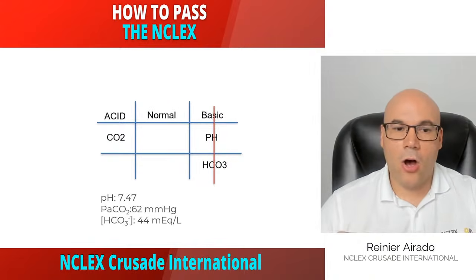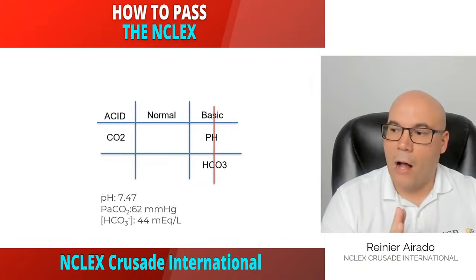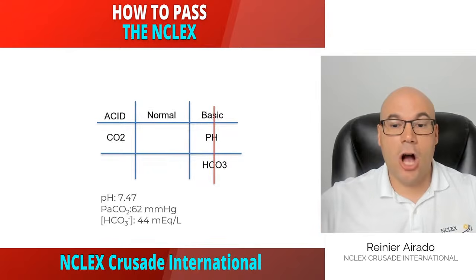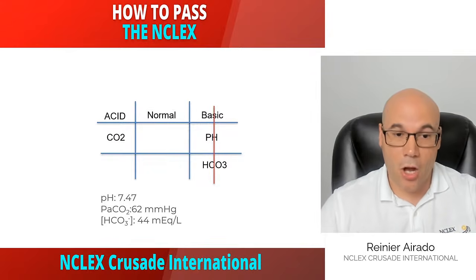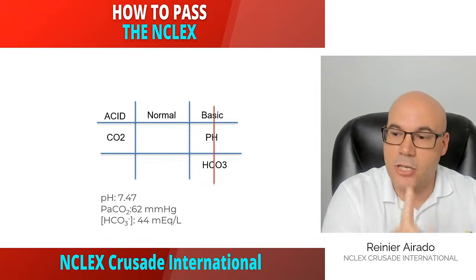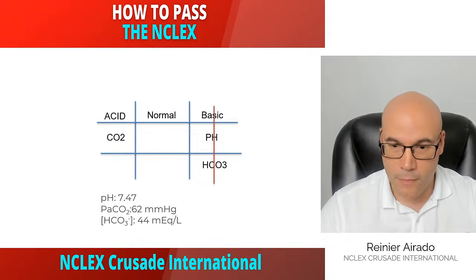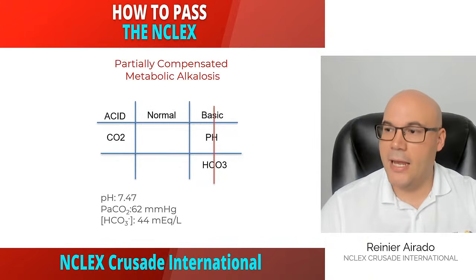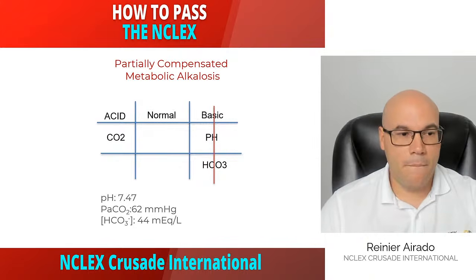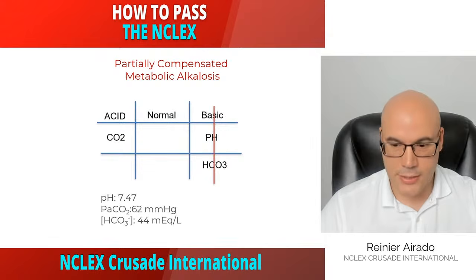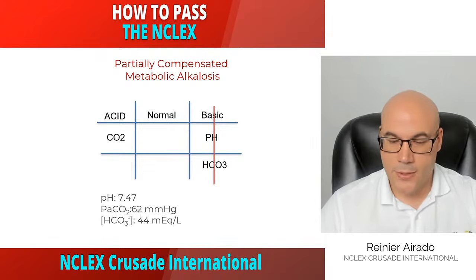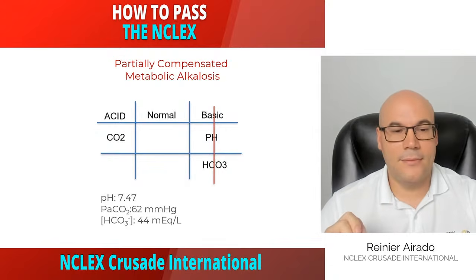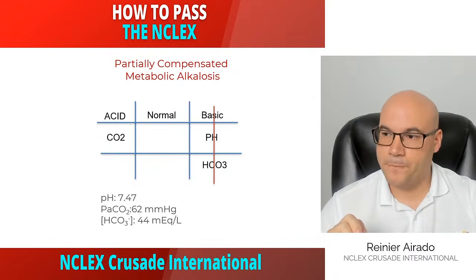CO2 is now on acidic, while bicarbonate is on basic or alkalosis. It's compensating one another, but the pH is still abnormal. So what do we have? Partially compensated metabolic alkalosis. So now this is the second scenario that we have seen so far.